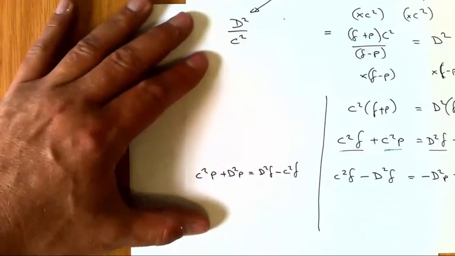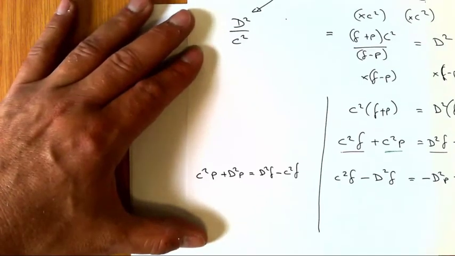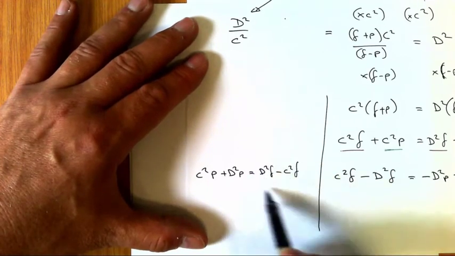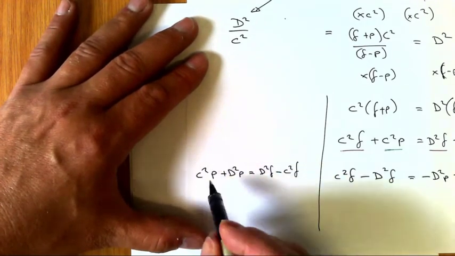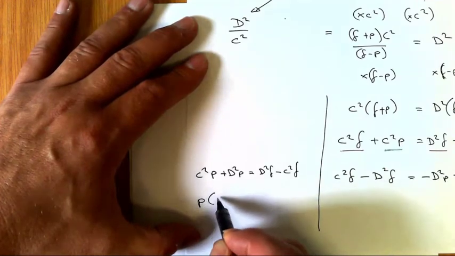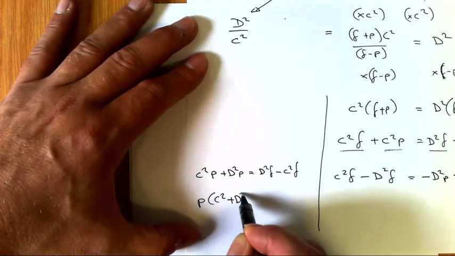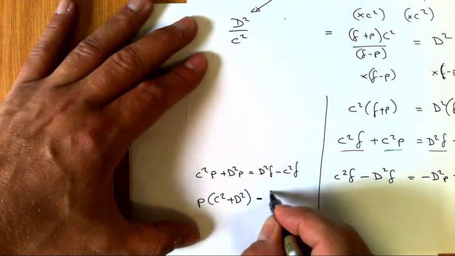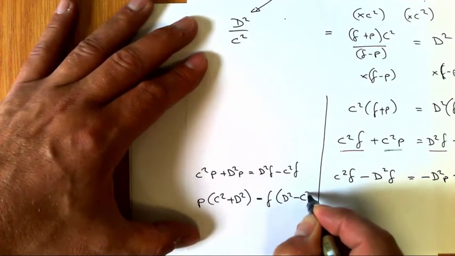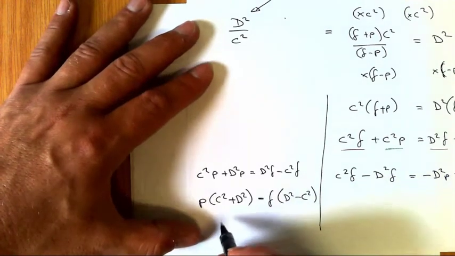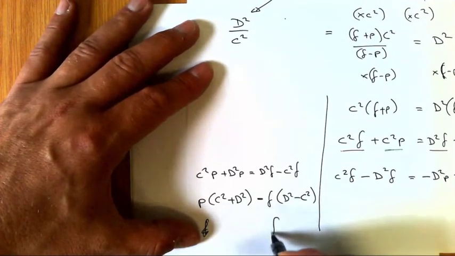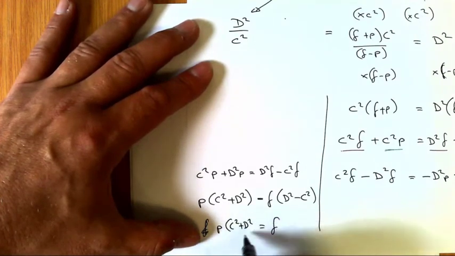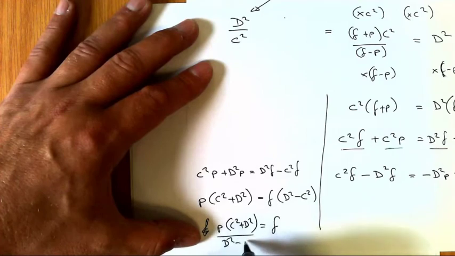Again, we're going to put all the f's on one side and all the p's on one side. That's what we've just done. And we're going to factorize out the common terms. So p times c squared plus d squared equals f times d squared minus c squared, and so f will equal p times c squared plus d squared all over d squared minus c squared.